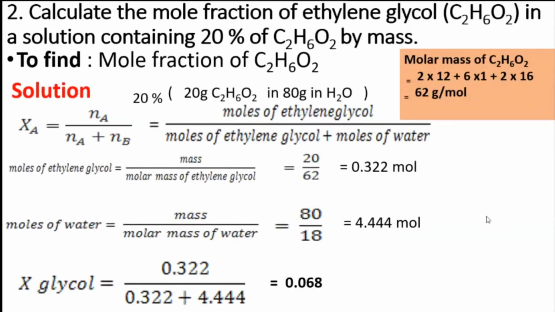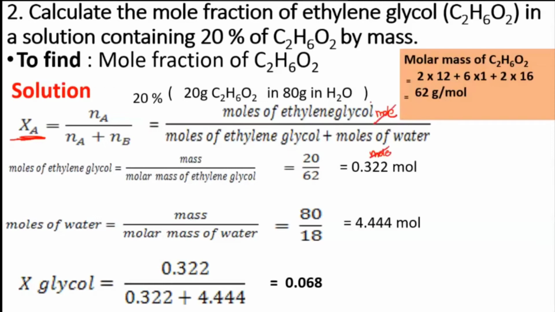Now, one thing, students, I want to tell you: do we have any unit for mole fraction? No, right? Very good. We don't have to write the unit. Why? Because here, this XA is calculated in terms of moles, and in the denominator also we have calculation in terms of moles.